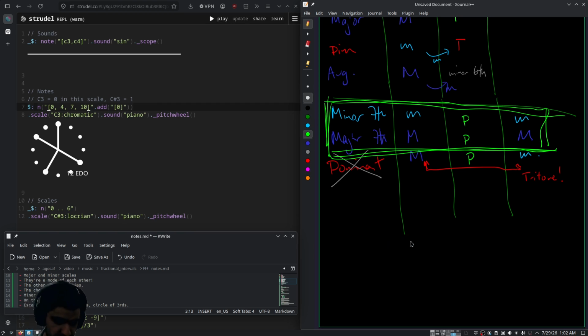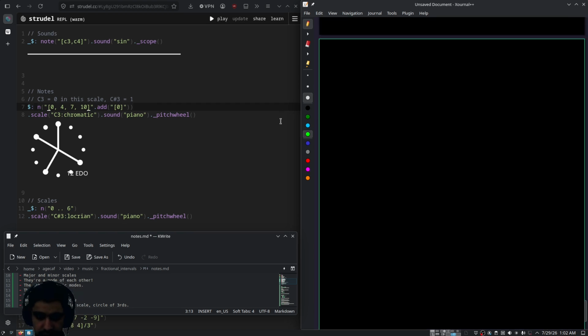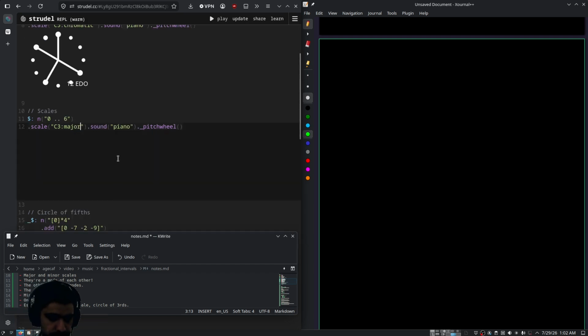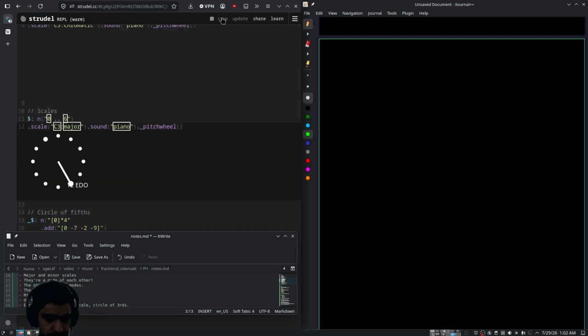Okay, so let's just look at our scale once again. This is the C major. Okay, so what are the notes in our scale?